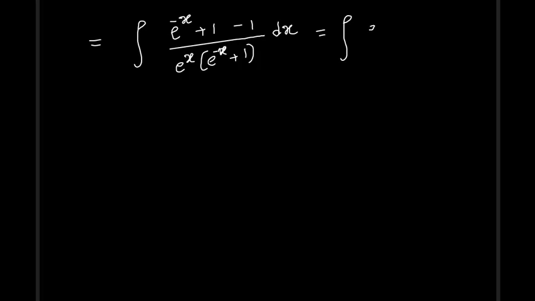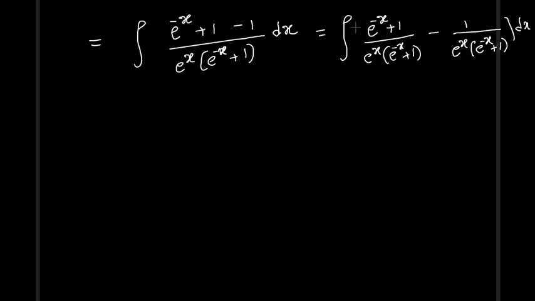Okay, and this becomes integral. I hope you can separately write it: e power minus x plus 1 over e power x times e power minus x plus 1. You can cancel them. Minus 1 over e power x into e power minus x plus 1 into dx. Okay, and this will be integral of 1 by e power x after cancellation, minus, in the denominator e power x can be written as e power minus x over e power minus x plus 1 into dx.